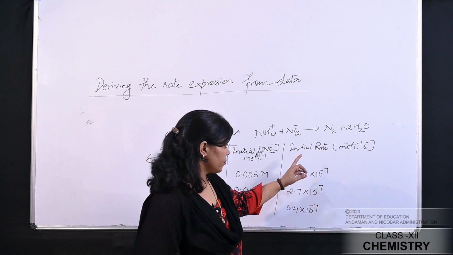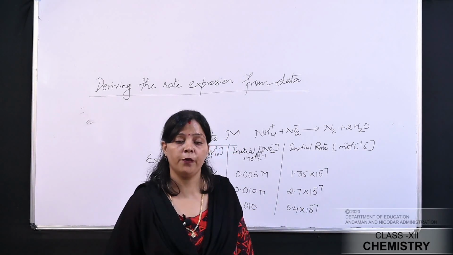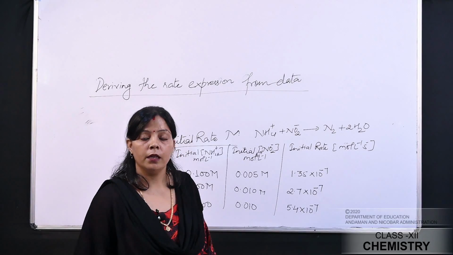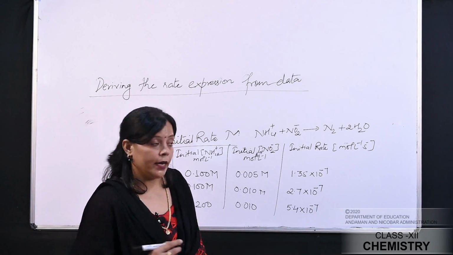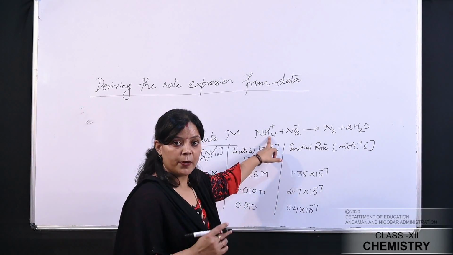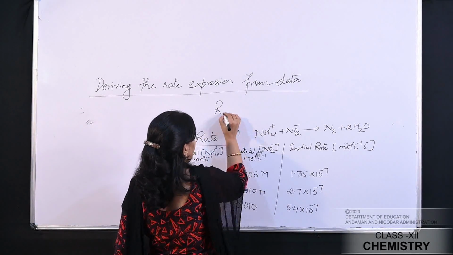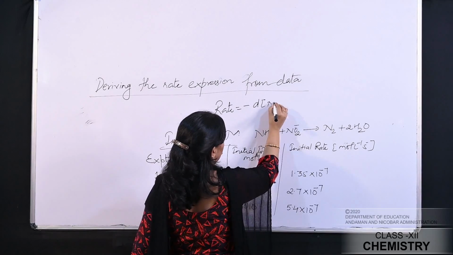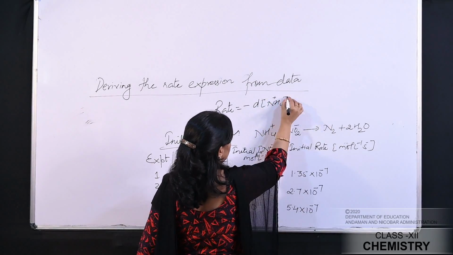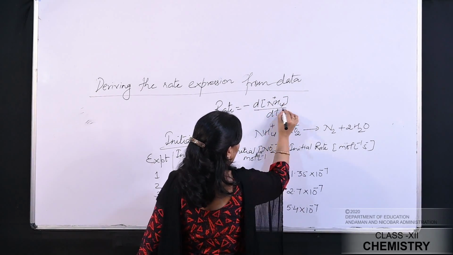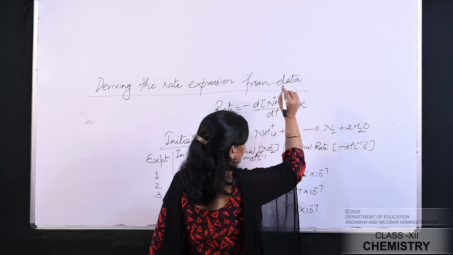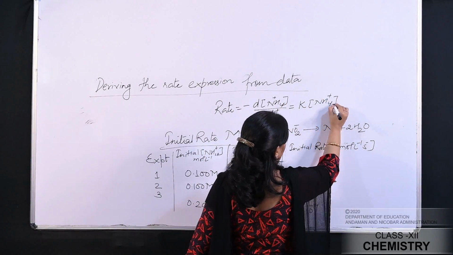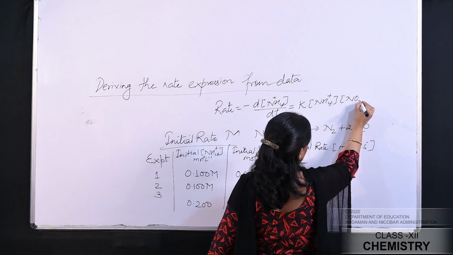After that, with the help of this kinetic data, we are able to determine the values of exponents x and y. So for this reaction, we can express the rate of the reaction, that is the rate is equal to minus d[NH4+]/dt, and it is represented as k times the concentration of ammonium and the concentration of nitrite anion.